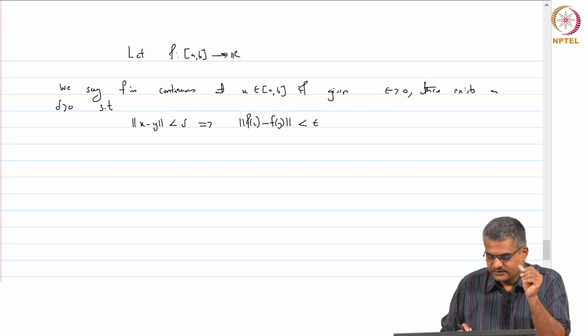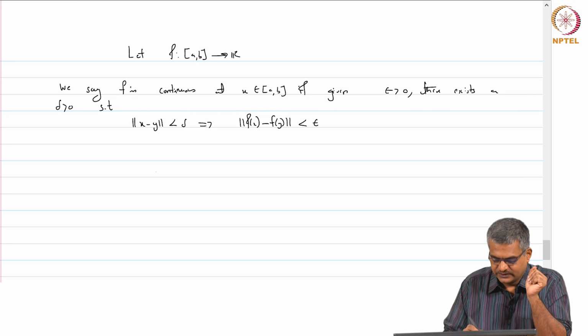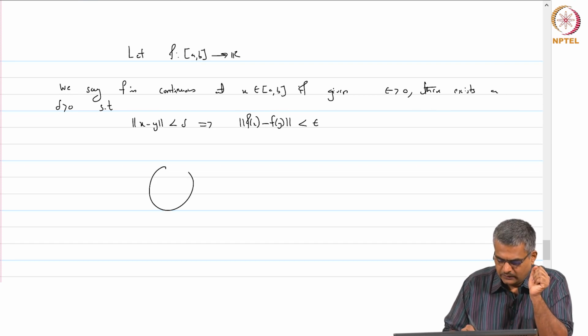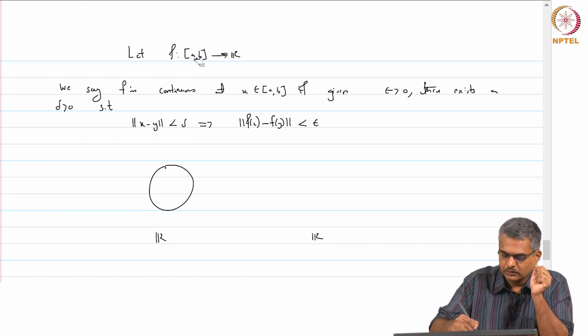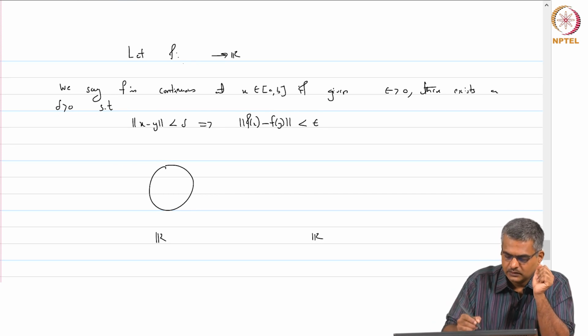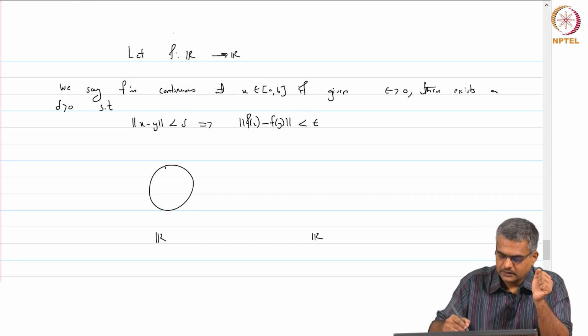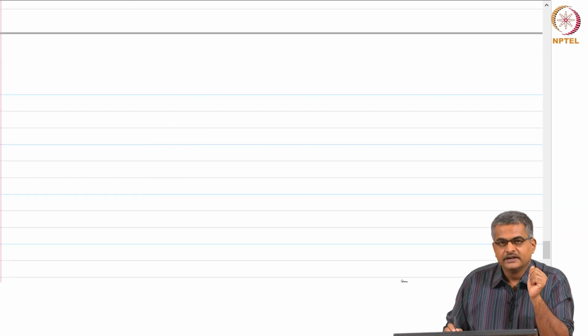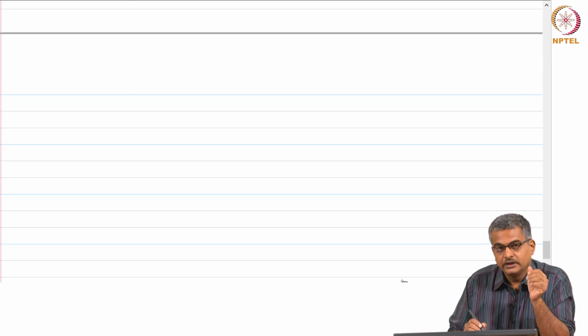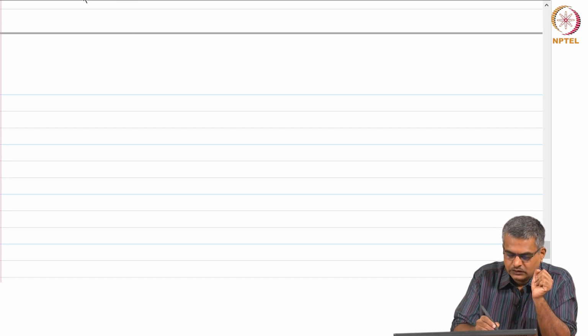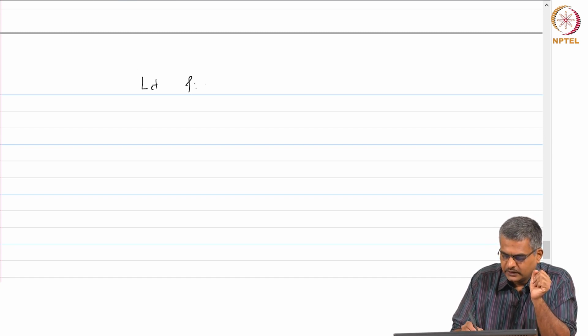So, what this definition says is that let us picturize this, right. So, you have the real space, and instead of an interval I can take a function from R to R, right, and let us now move on to the notion of continuity of a function. So, let f be a mapping from R to R, right.